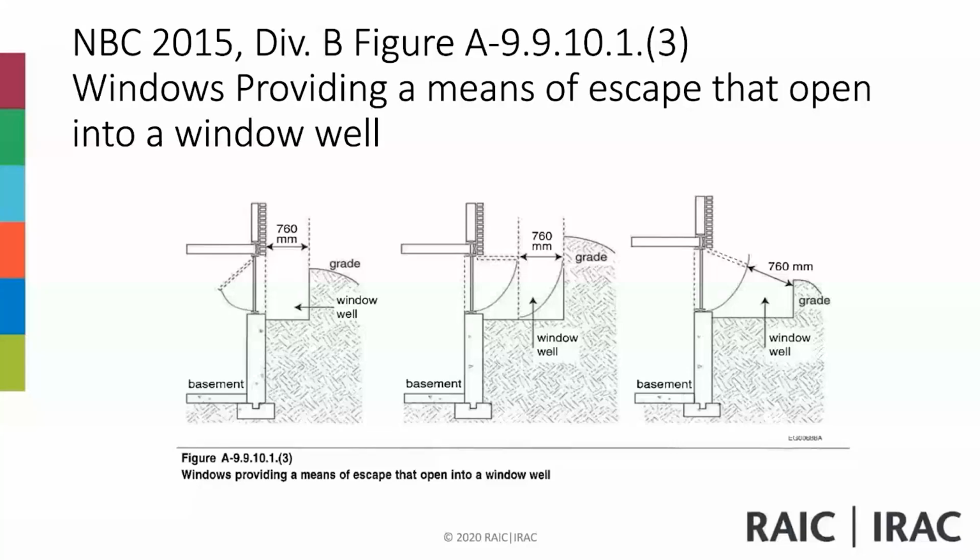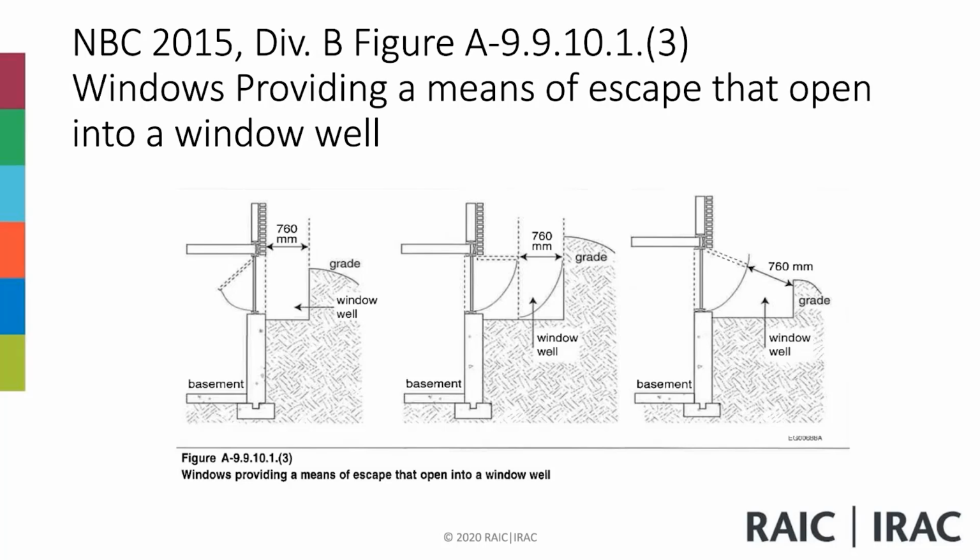So here we're looking at the means of egress, means of escape, that open into a window well. It's a provision in 9.9.10. In 9.9.10.1.3, where a window required in sentence 1 opens into a window well, a clearance of not less than 760 millimeters shall be provided from in front of the window.